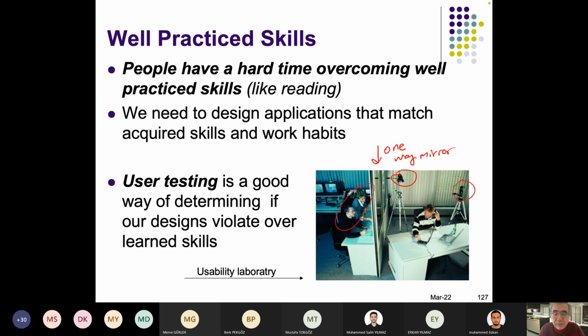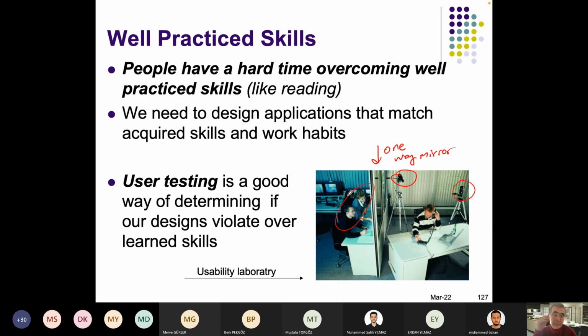And based on the results of the experiments, we try to derive certain rules and principles. These principles are important because they are valid most of the time, unless there is a reason. And when these principles are followed, usually good, successful interfaces are developed.